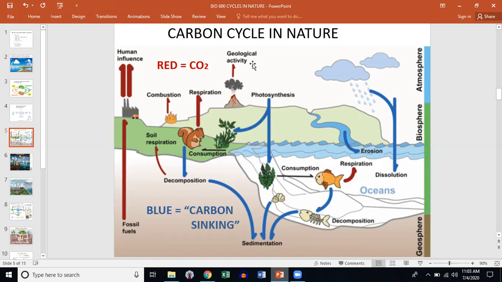These are all natural sources of CO2 in the atmosphere that typically are being counterbalanced by photosynthesis and the sinking, also erosion and deposition through rain that picks up CO2 from the atmosphere, sinking it into mostly the oceans and soil.